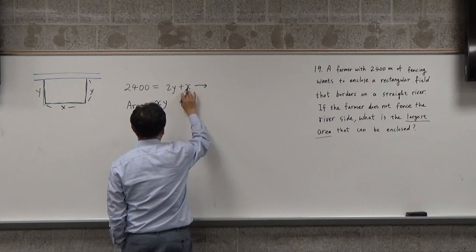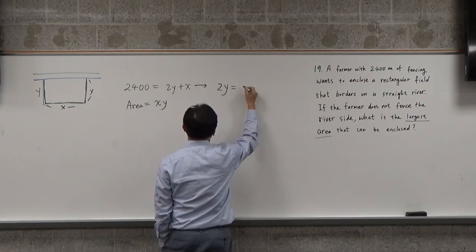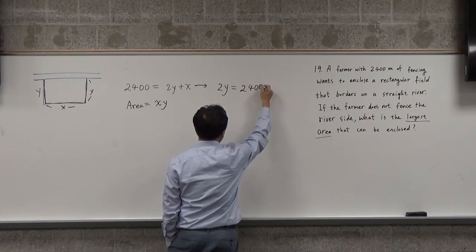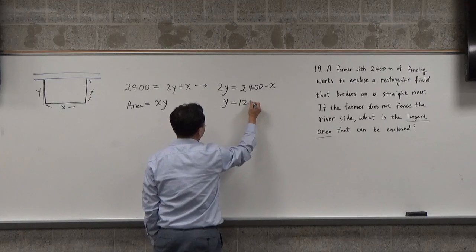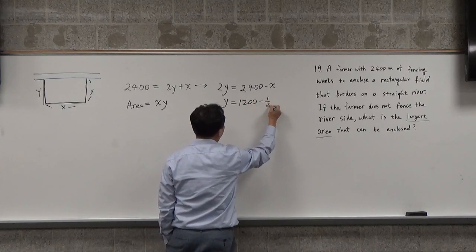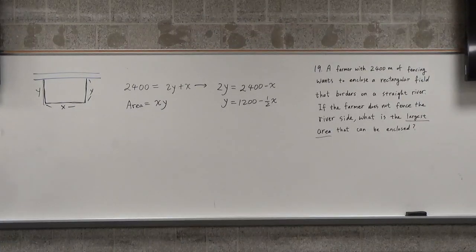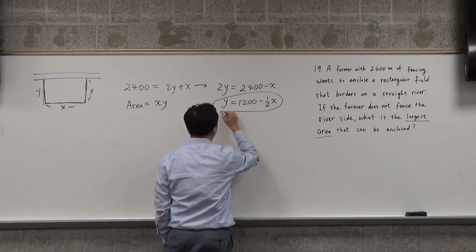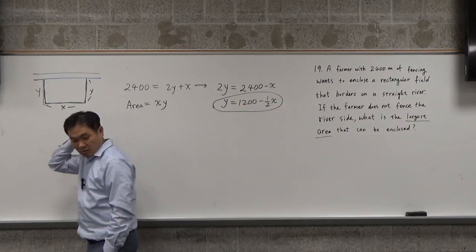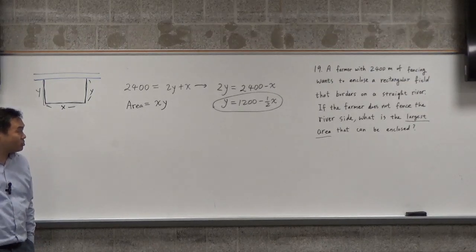Okay, so let's subtract x to the other side so that you have 2y equals 2,400 minus x. Divided by 2, so it's 1,200 minus 1/2 x. Okay, 1,200 minus 1/2 x is what you get if you solve y as a function of x.